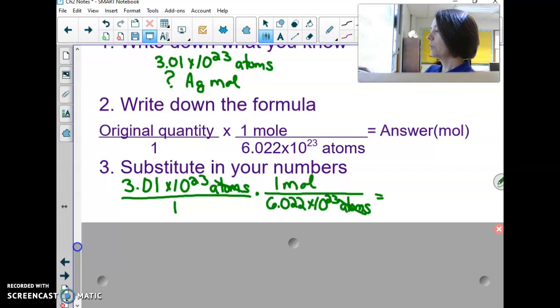So you'll want to make sure you put this number in parentheses and divide it by this number in parentheses when you are putting it into your calculator. If you don't, you're going to be dividing the first number by 6.022, and then taking that answer and timesing it by 10 to the 23rd, and you're going to get a really wrong answer. So put the whole number in parentheses, divide, and then parentheses, and my 6.022 times 10 to the 23rd.